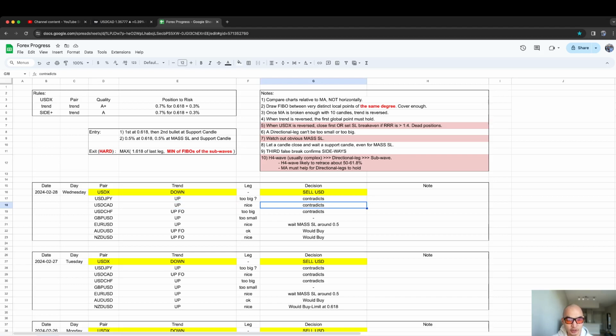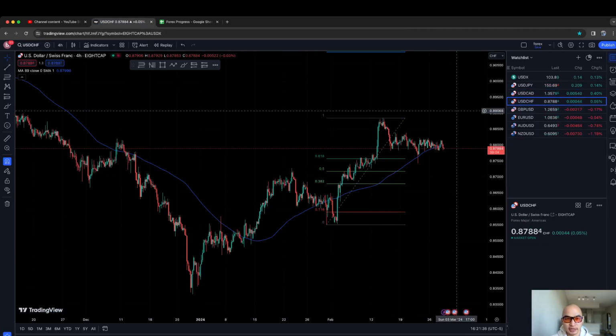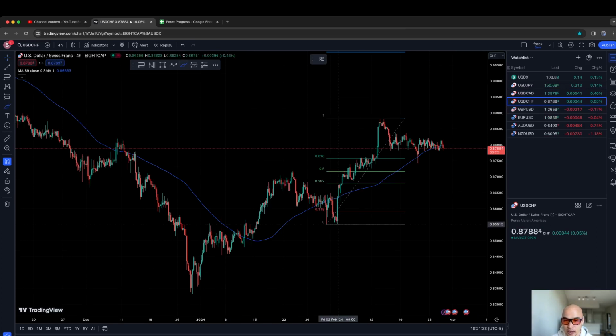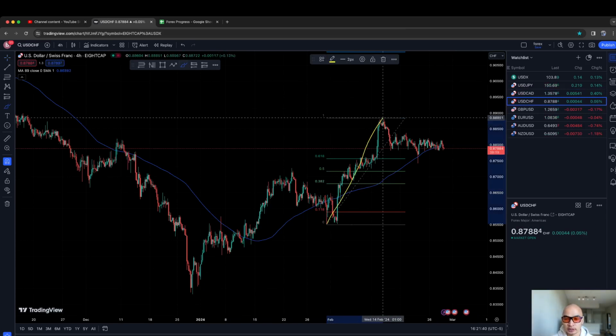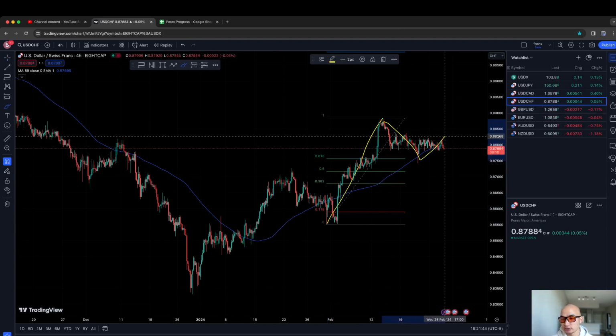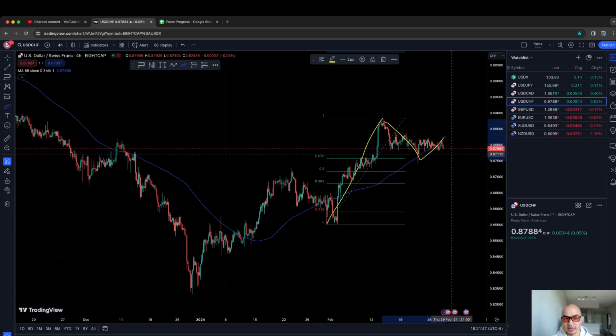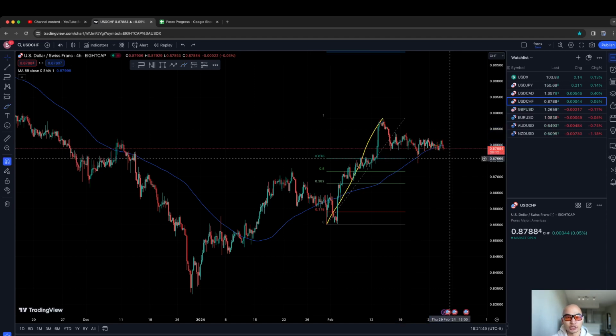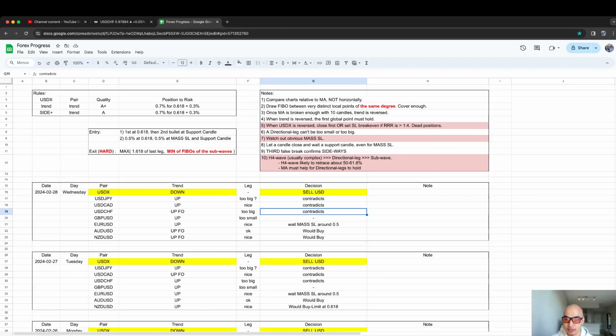We're not going to trade it. USD Swiss franc, again the same story. We have a nice uptrend, the market has retraced, and it is still above the moving average, meaning USD is strong against the Swiss franc. Again, a conflicting story, and we're not going to force any trade.